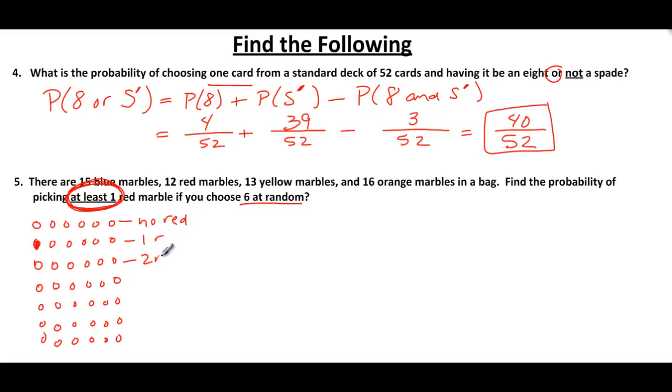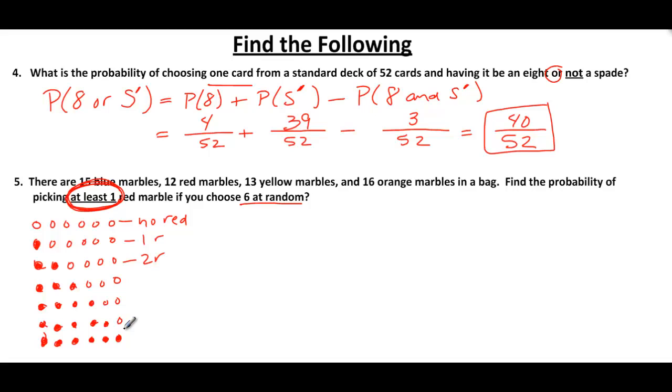Or there could have been 2 red. Or 3 red. Or 4 red. Or 5 of them are red. Or all 6 of them could have been red. Now the reason why these are all possible options is because there are a total of 12 red marbles in the bag.